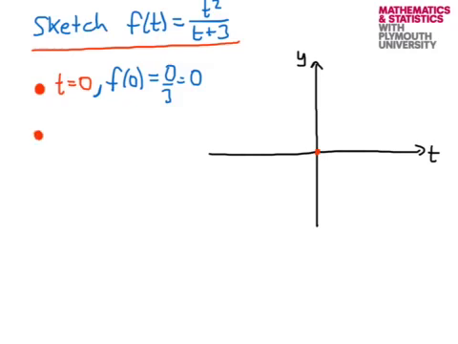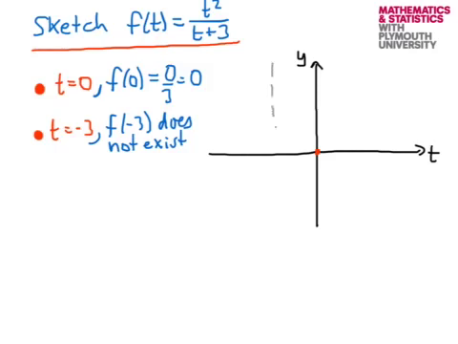So at t equals minus 3, f of minus 3 does not exist. This corresponds in terms of the graph of the function to a dashed vertical line at t equal to minus 3, and our function does not exist there.